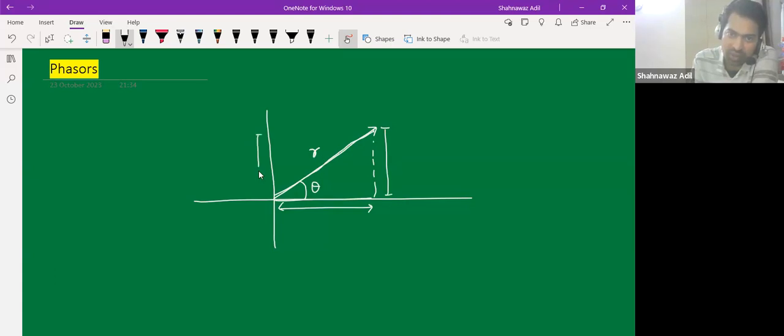This one is the vertical component, and this one is the horizontal component. So how much is the horizontal component? Do you remember?